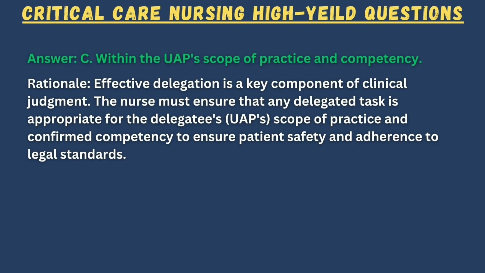Answer: C. Within the UAP's scope of practice and competency. Rationale: effective delegation is a key component of clinical judgment. The nurse must ensure that any delegated task is appropriate for the delegatee's, UAP's, scope of practice and confirmed competency to ensure patient safety and adherence to legal standards.